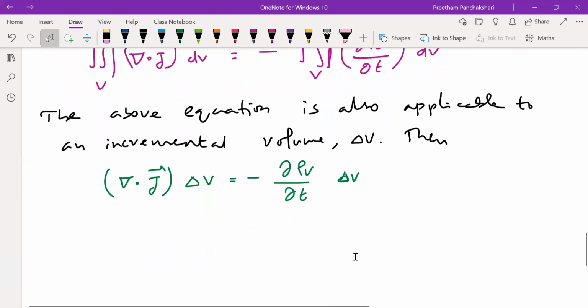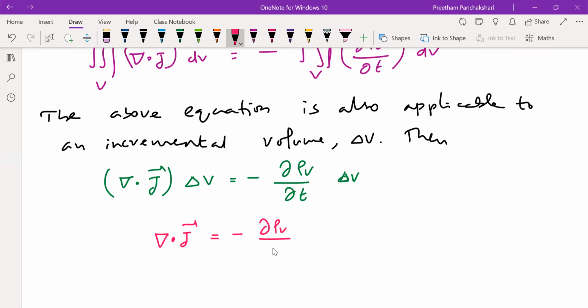Now since the volume on the left hand side and right hand side is the same, we can cancel them to get the final relation, that is del dot J is equal to minus dou rho V by dou t. Now this equation is applicable to any point described by a smaller volume.